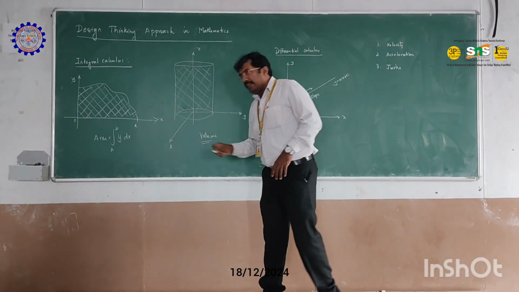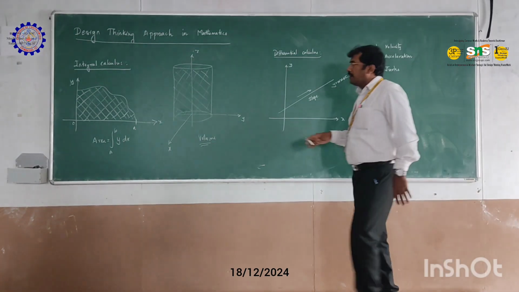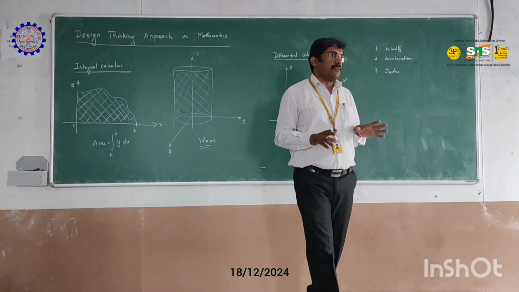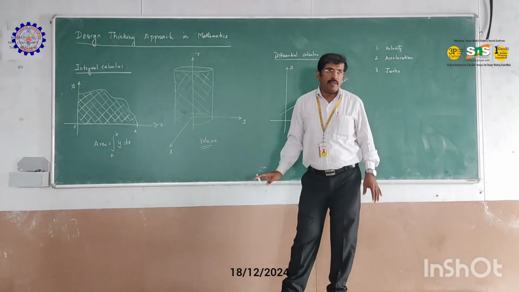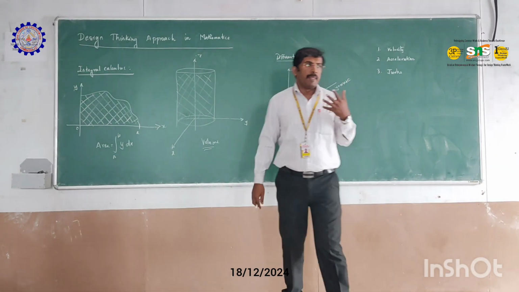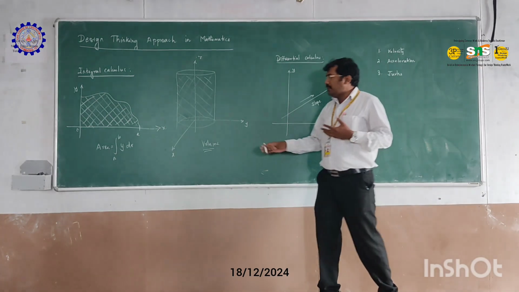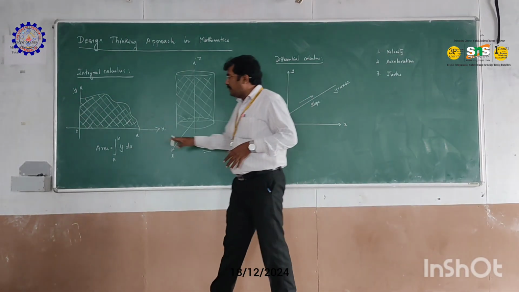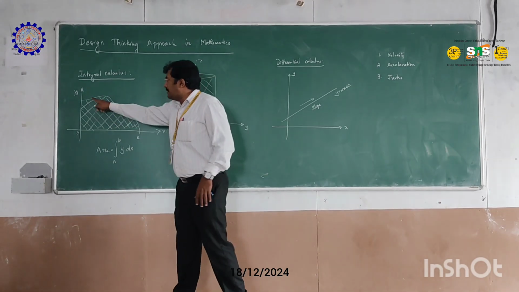we can find the volume of a structure by using integral calculus. So two very important things in integral calculus are to find area and to find volume. In our syllabus, we are going to find these two: how to find the area of a given situation and what is the volume of a given situation. The question will carry the limits, so some boundary conditions will be there, because we need them.